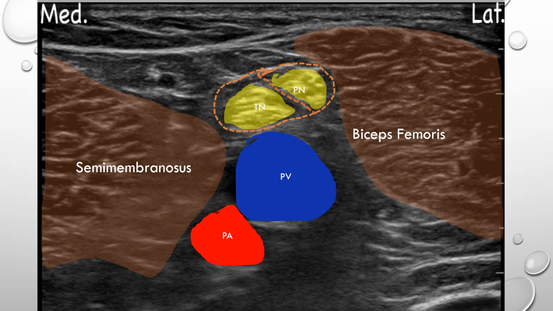To perform this block, a needle is introduced from the lateral to medial side, just underneath the sciatic nerve, superficial to the popliteal vein. The block can also be performed in an out-of-plane approach directly close to the paraneural sheath.